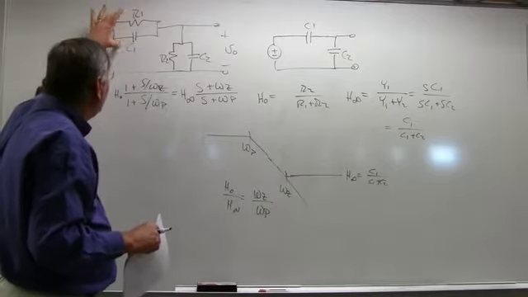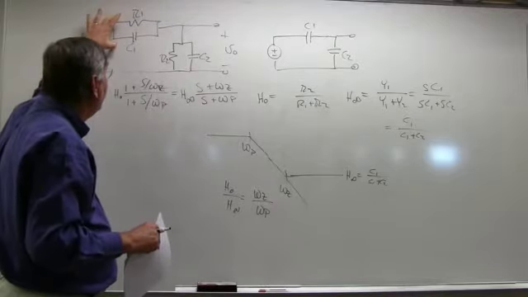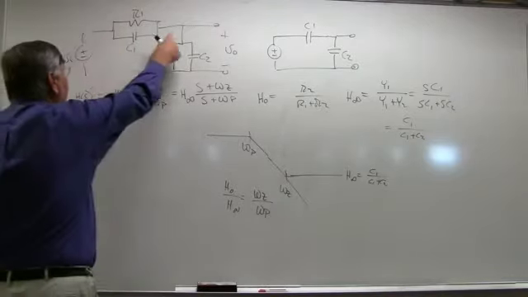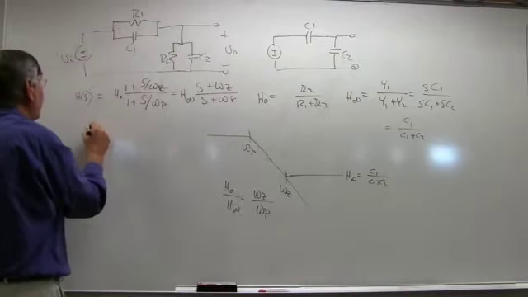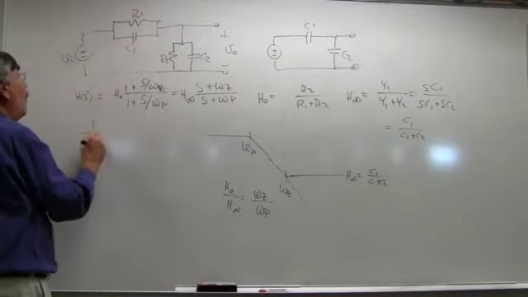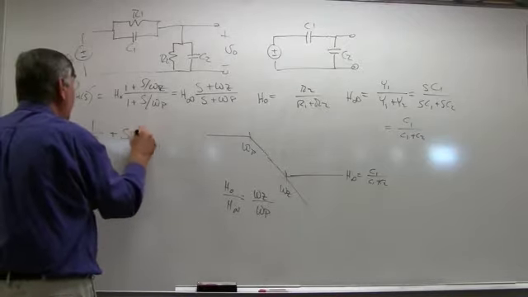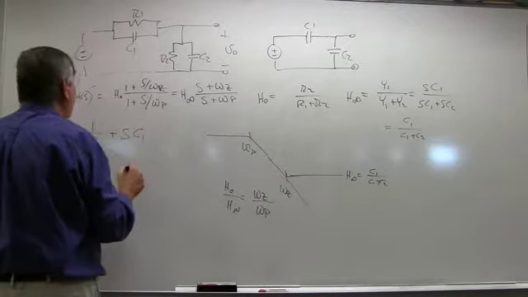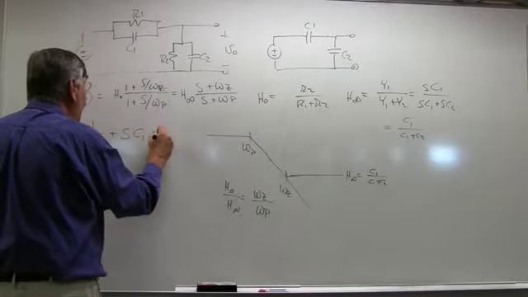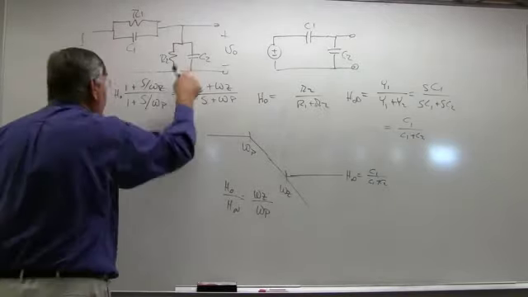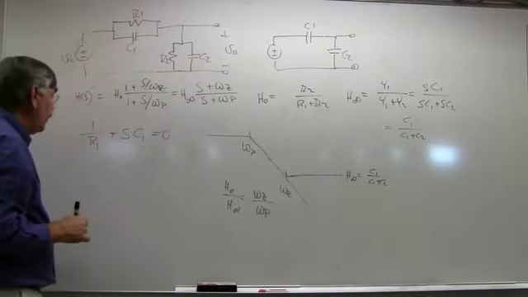But if somehow this thing could be evaluated so that there was no transmission through it, so the parallel combination of this guy is 1 over R1 plus the admittance of the capacitor, C1. If somehow that whole thing was equal to 0, then there would be no output, no matter what the input was.